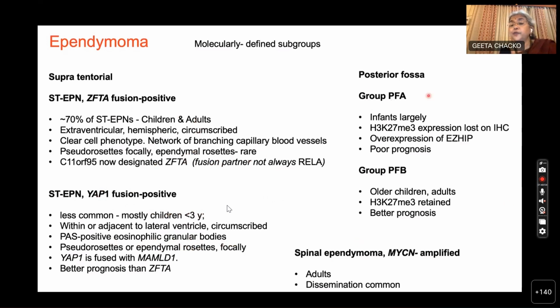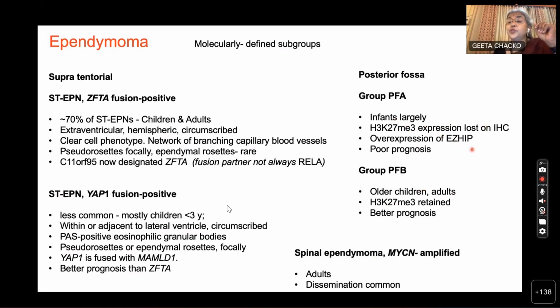In the posterior fossa group, you have the A and the B. The A group is seen in younger children, whereas B is seen more in adults. And they show this trimethylation loss. Remember, I told you that trimethylation loss, trimethylation inhibition, occurs either with the H3K27 mutation or with EZHIP.